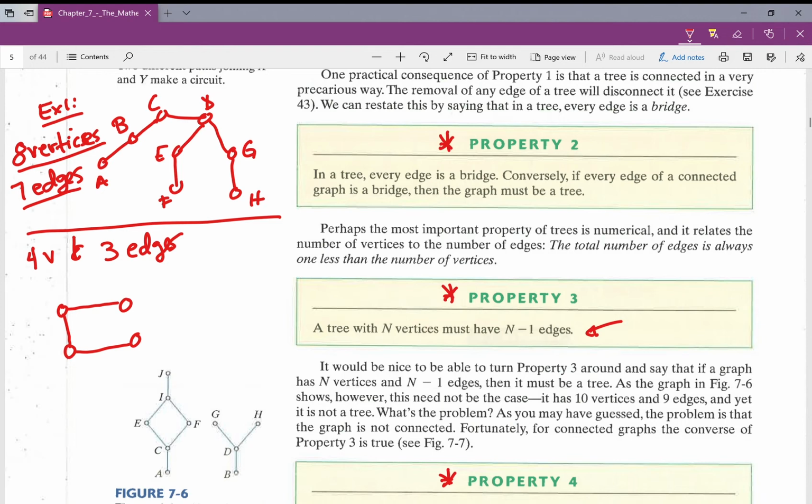So this is a tree. But being told that I have 4 vertices and 3 edges is not enough to guarantee that a tree would be drawn unless I add a word like connected.